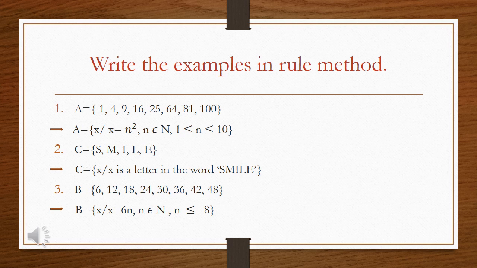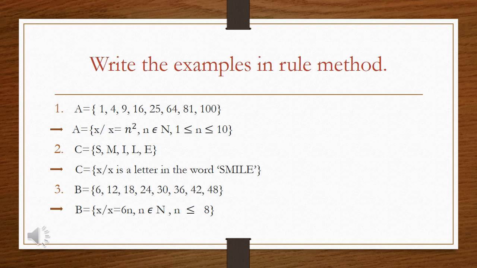That means we can write the set A in rule method as x such that x equals n squared, where small n is an element of the natural numbers, and we have to give a condition to small n, that it is greater than or equal to 1 and less than or equal to 10.